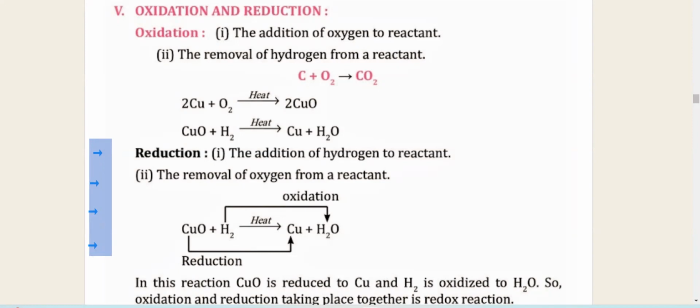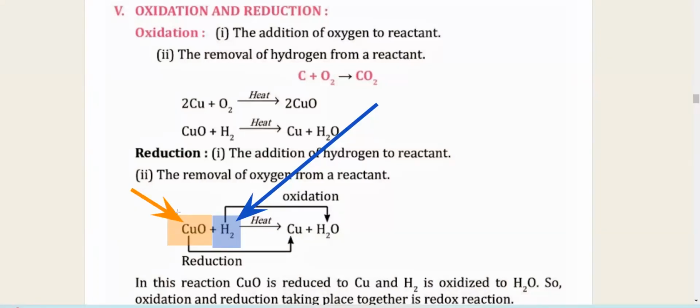So once again, one last time we can see here that the substance oxidized is this. The substance which gets oxidized should be considered as the reducing agent, and the substance getting reduced should be considered as an oxidizing agent. So if you can identify any one of them, you can answer the remaining three parts like this.